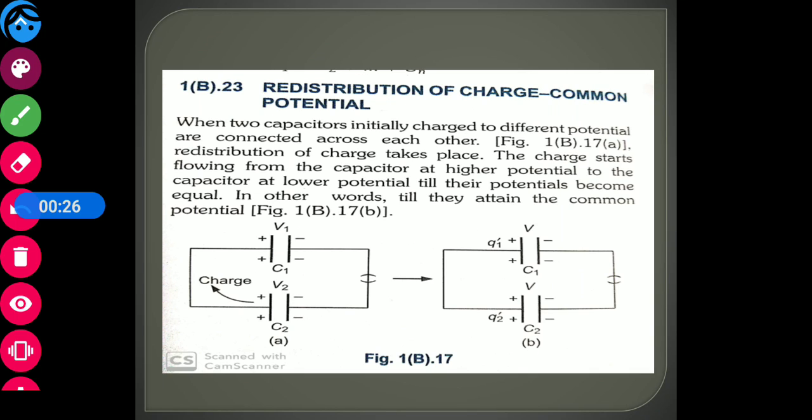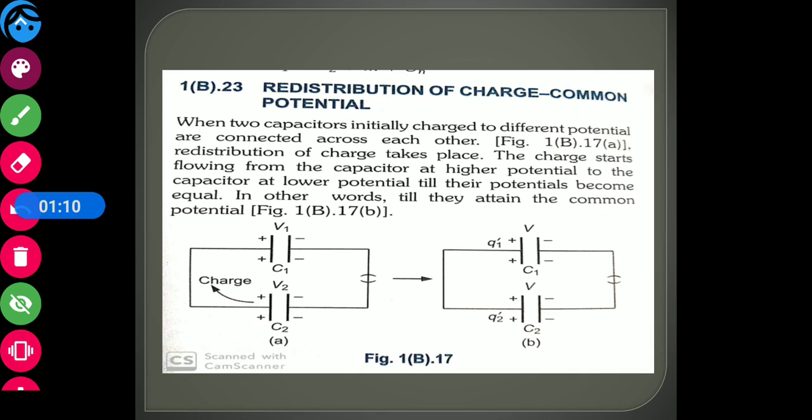Redistribution of charge, or the common potential. When two capacitors, initially charged to different potentials V1 and V2, with capacitances C1 and C2, are connected to each other, then charge starts flowing from the capacitor at higher potential to the capacitor at lower potential, till their potentials become equal.